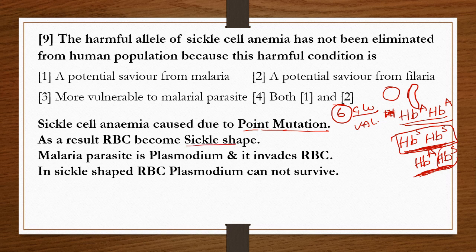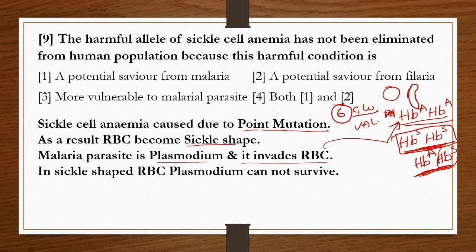The malarial parasite is a Plasmodium. Generally when it enters, it invades the RBC, lives in the RBC, and depends on the content of hemoglobin. It eats the hemoglobin.